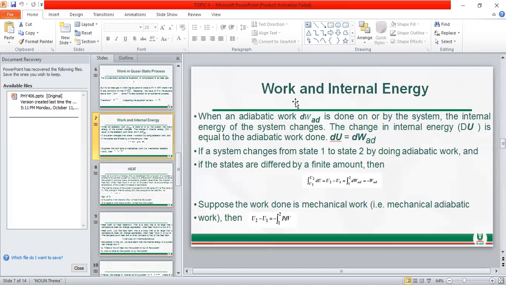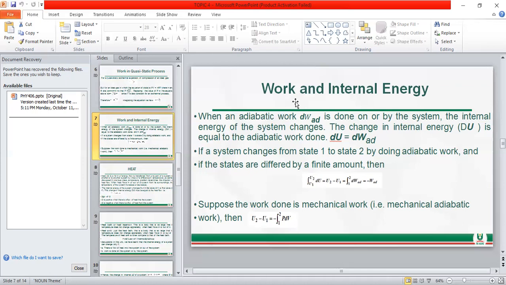Let's say you have something like 10, and due to change in internal energy, it reduces to 8. That means the change in internal energy is +2 or -2 as the case may be. And we are saying that the change in internal energy is equal to the adiabatic work done.